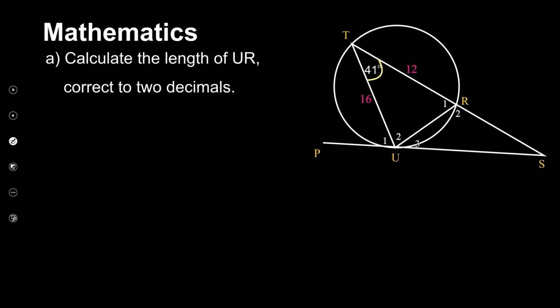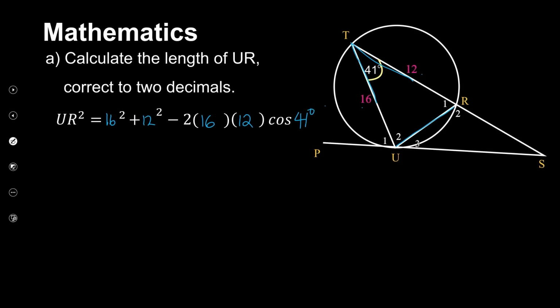Okay, first we're going to find UR correct to two decimal places. This is pretty simple. UR is in this triangle. We've got the V pattern across from it, so we know we're using cos rule. So that's pretty simple to write out. So UR squared is going to equal, we can start with the first side squared, 16 squared, plus 12 squared, minus 2 times 16 times 12, and because we're dealing with UR, the angle across from UR is 41 degrees.